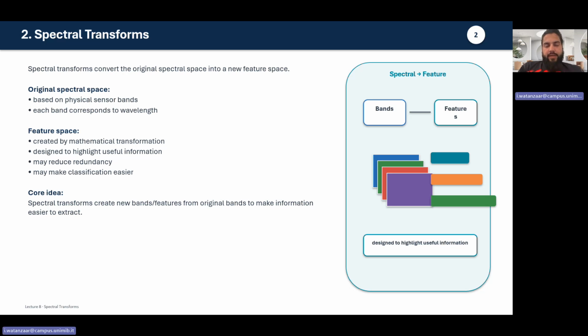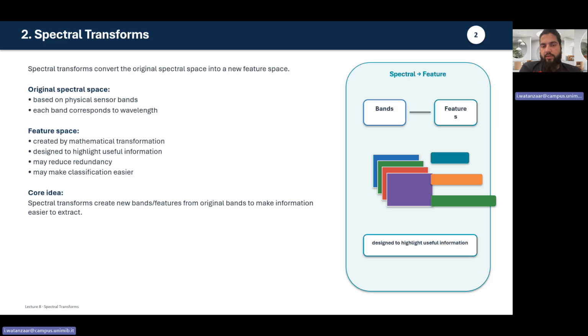If you see the word bands, it refers to the original spectral space, the original spectral response bands. But when it is transformed, with a mathematical transformation applied, it is no longer the original spectral space.